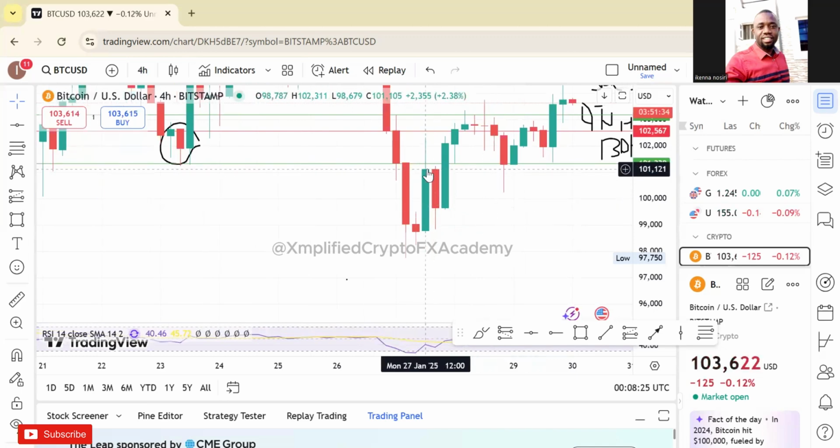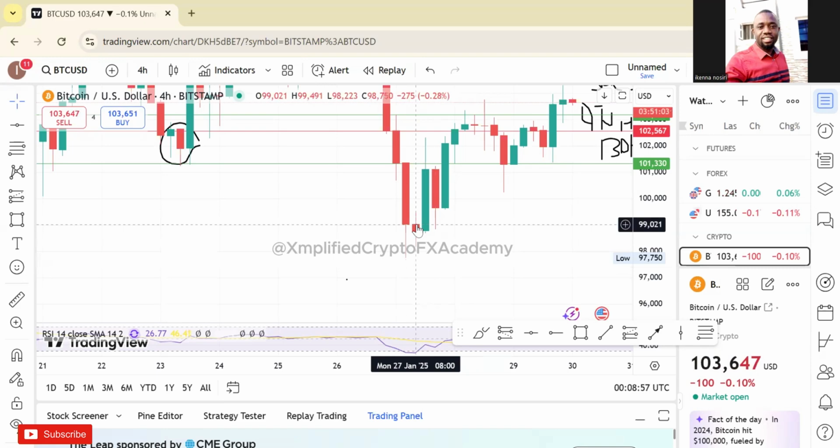Because the closing price of this candle is way higher than the closing price of the previous one. This is the closing price, isn't it? $101,121. That's way higher technically.